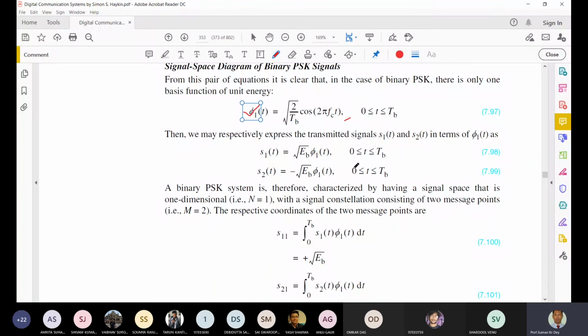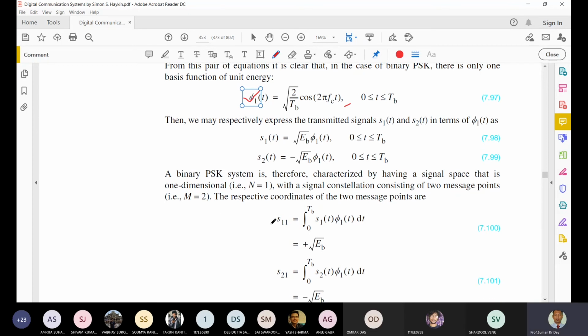For these two signals we can calculate the coordinates of the two message points, that is, where they will be placed in the signal space. We define S11 as the integral from 0 to TB of S1(t) phi 1(t) dt, and solving it we get plus square root of EB.